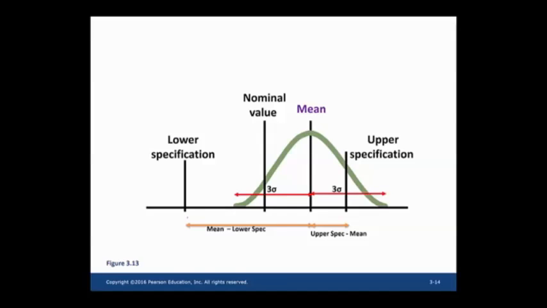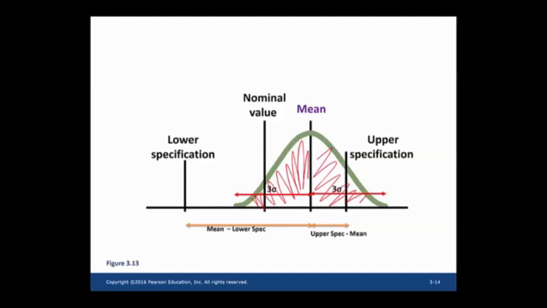And if you look at Six Sigma distance, actually Six Sigma distance represents 99.73% of the products. That is, half of those products will fall to the left, right? And the other half will fall to the right of the mean, right?